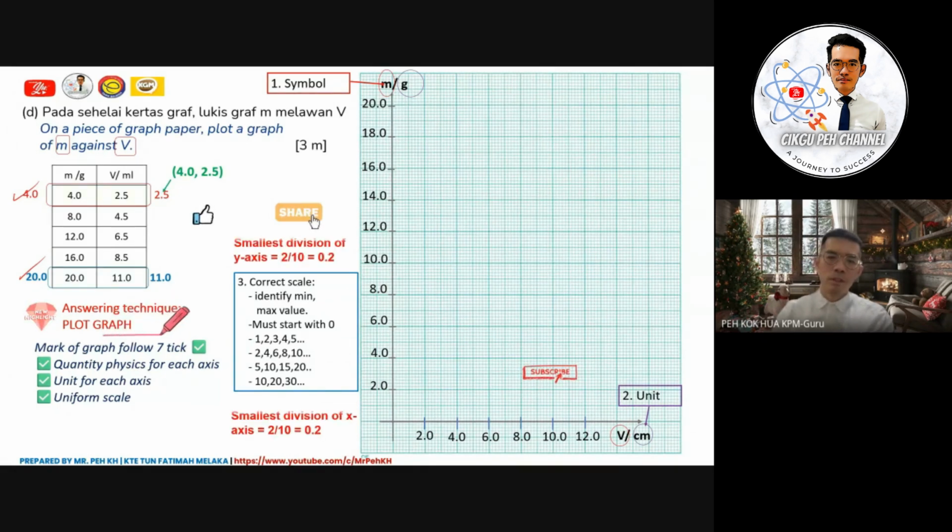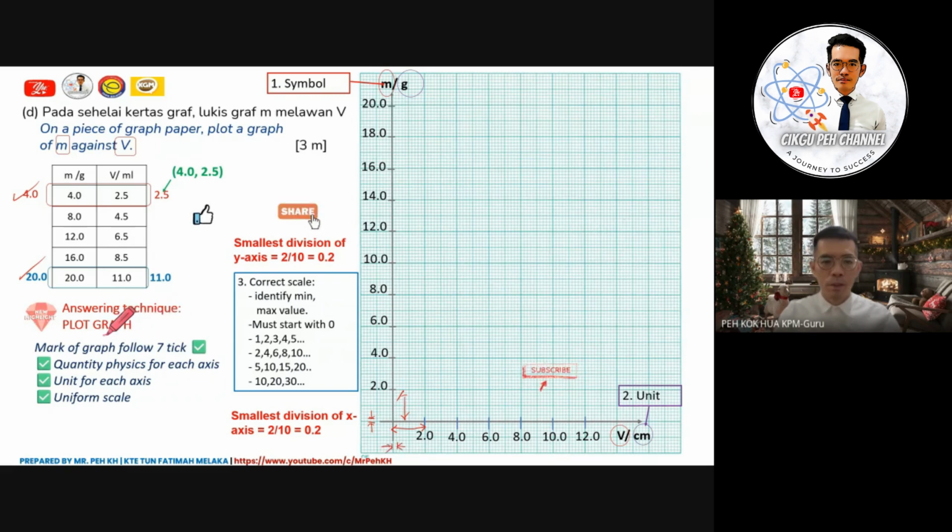Okay, so if we go through the smaller divisions here, there are 10 small boxes for 2, which shows that the smallest box represents 0.2. For the y-axis and x-axis, they are also the same. Here, 2.0 with one small box divided by 10 is equivalent to 0.2.